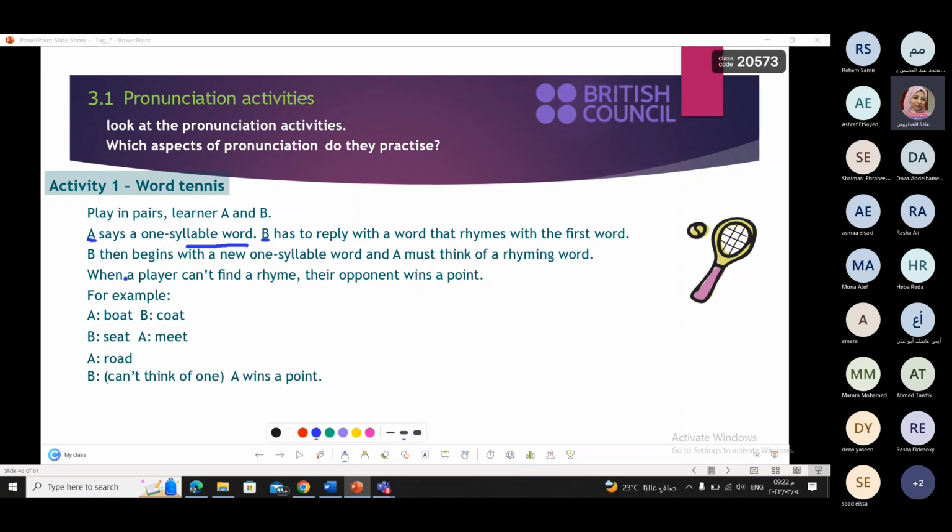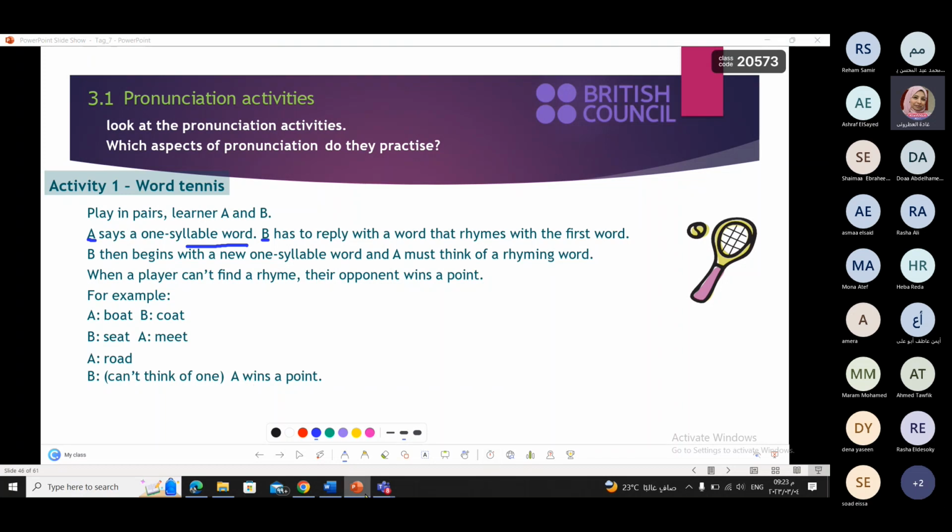For example, A says boat, B says coat, B says seat, and A says meat. If you can't find a rhyming word, the other partner wins a point. Right? Try to play it.